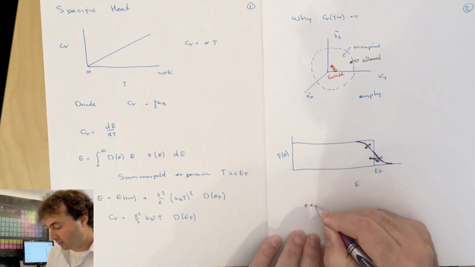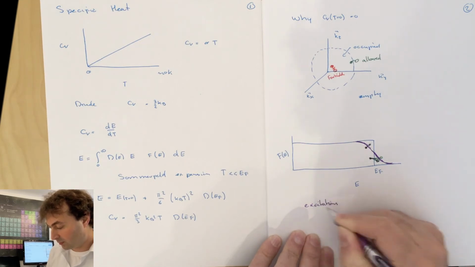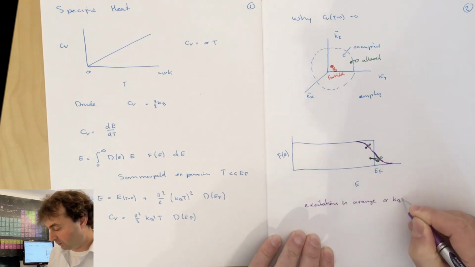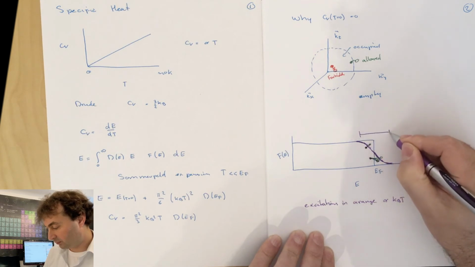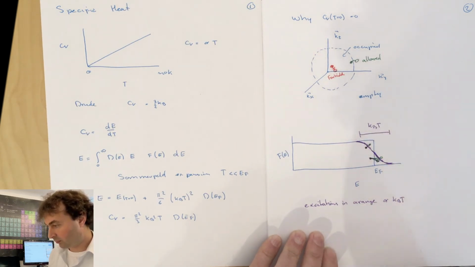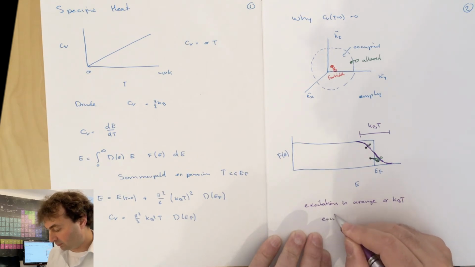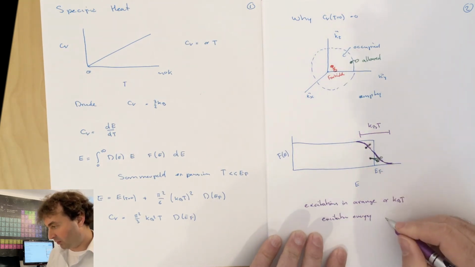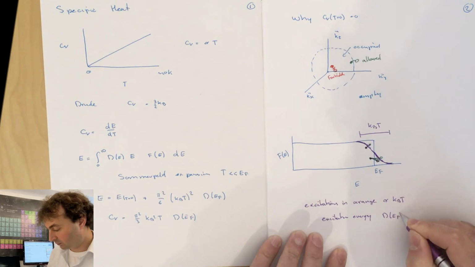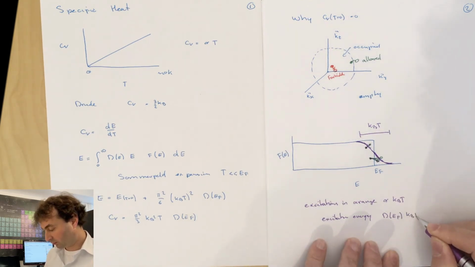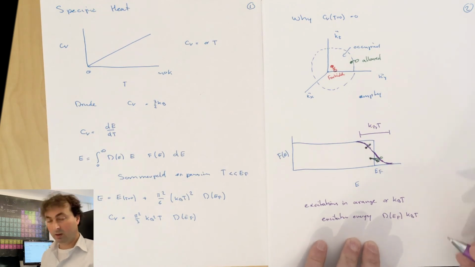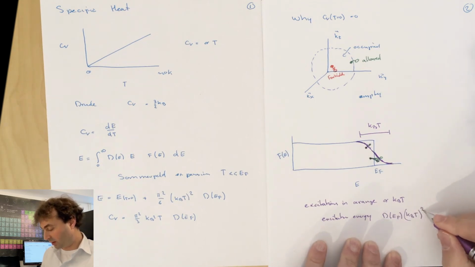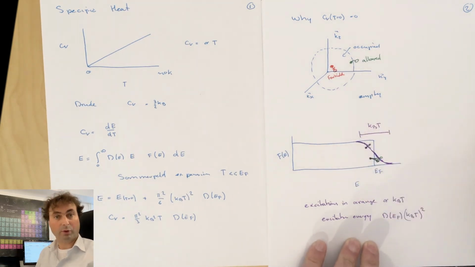We have excitations in a range that is proportional to K Boltzmann T. The excitation energy is the number of states that we have at the Fermi energy times the excitation energy, that is the energy of a single excitation, but we have K Boltzmann T of such excitations because that's the number of electrons that participate.